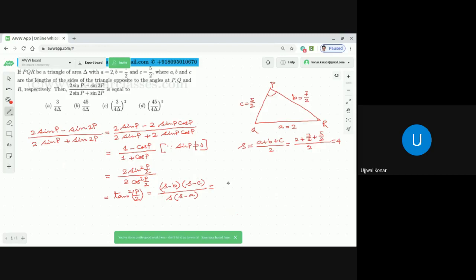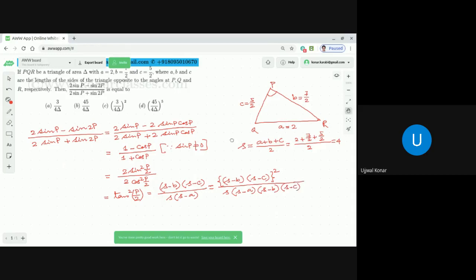We have S minus B into S minus C, so in the numerator we can write (S minus B) into (S minus C) as a complete whole square, because I am multiplying by one more (S minus B) into (S minus C), so that in the denominator we get S into (S minus A) into (S minus B) into (S minus C).